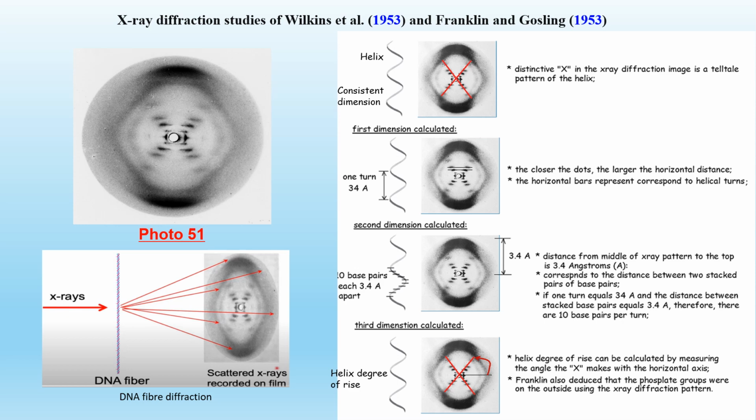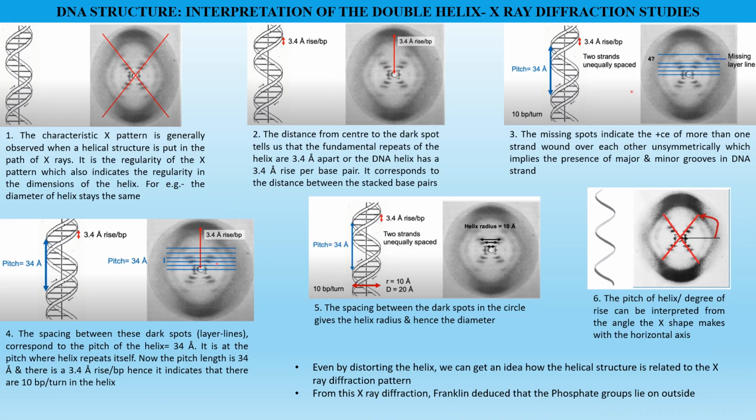So here you see that when a DNA fiber is subjected to X-rays, this is how it is recorded on the film. As you see an X-like structure in the film of the X-ray diffraction, how has it come out?